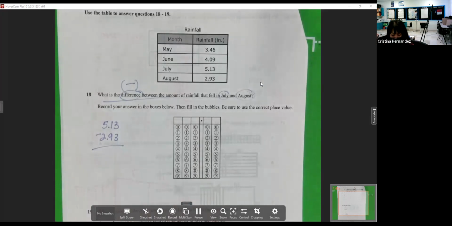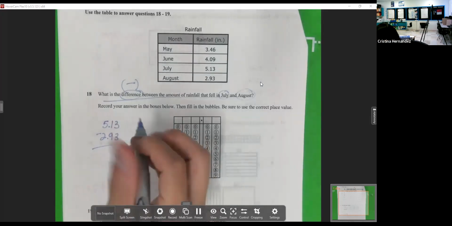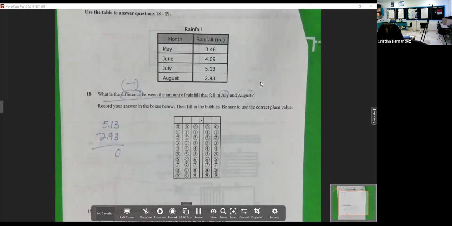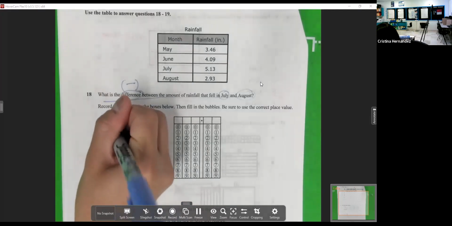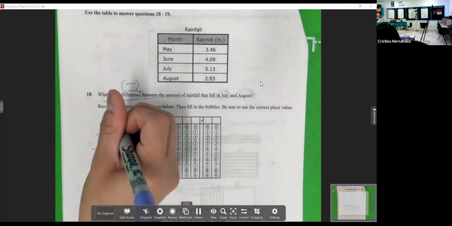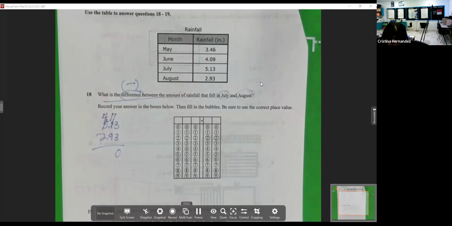Vida, you want to subtract? 3 minus 3 is 0. And I need 1 minus 9. You can't subtract that, right? So we've gotta borrow from the 5. 11 minus 9 is what?